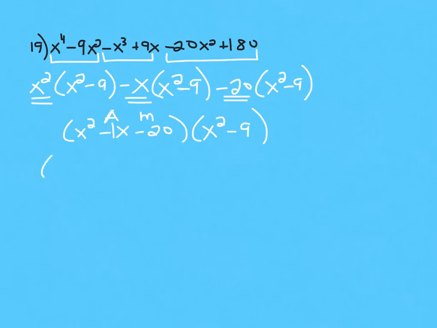And we do. So let's set up two sets of parentheses. Since this is an x squared, we're going to put an x in the first spot in each parenthesis. And then two numbers that multiply to -20 and add to -1 would be -5 and +4. Okay, now here, this is just a difference of perfect squares. So we set up two sets of parentheses.